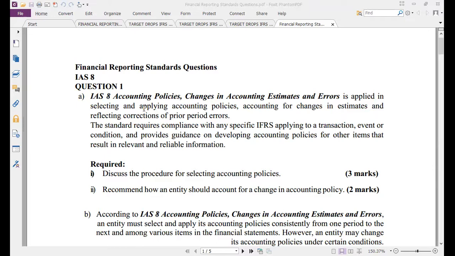Okay. So discuss the procedure for selecting accounting policy. How do you select accounting policy? Here, 3 marks means raise at least 3 points for us. Each point should score you 1. So what are the procedures for selecting accounting policy?